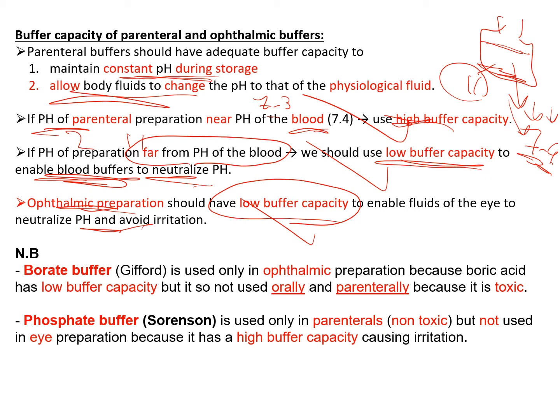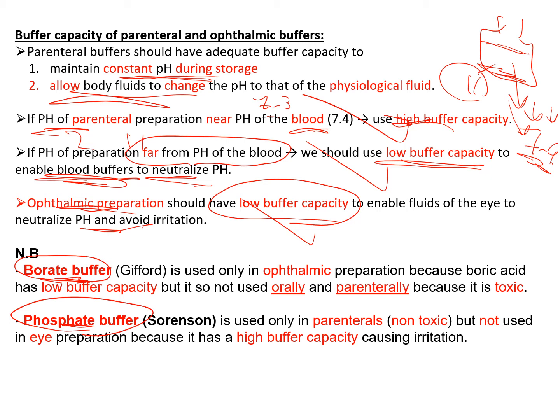We have examples that we have been using, like borate buffer and phosphate buffer. Each one is suitable for a certain route of administration. Borate buffer is a very weak buffer. The buffer capacity of borate buffer is by default very low, so that's why it is very suitable to be used in the eye.